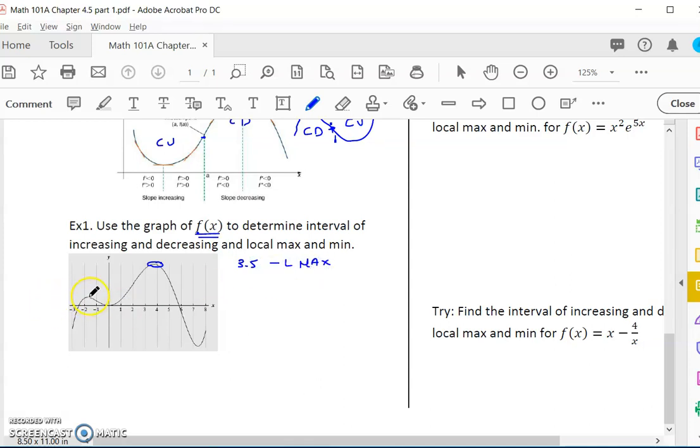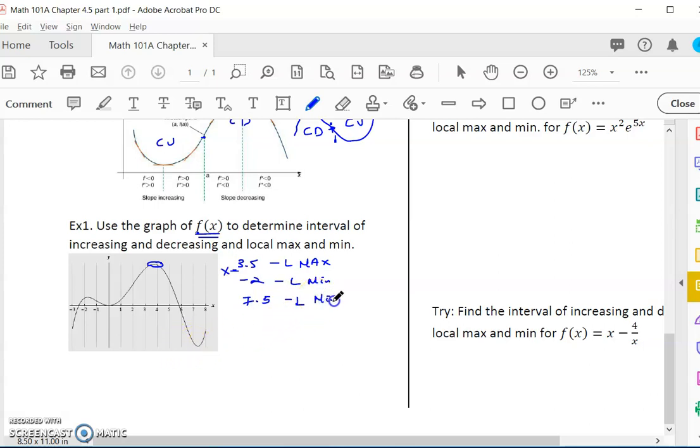There is another one, maybe at x equals negative 2. I don't know what the y value is. And x equals 7.5 is also a local min.